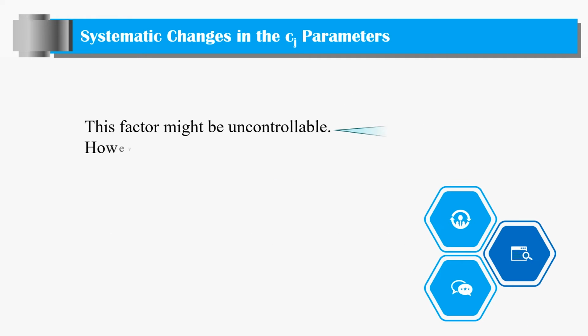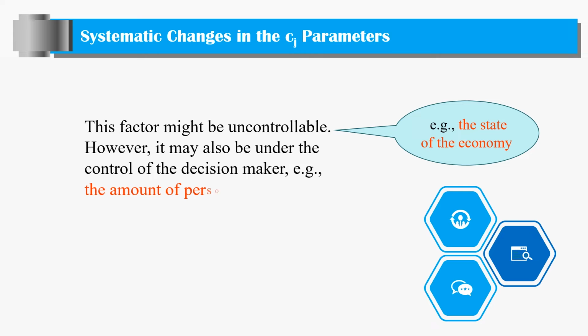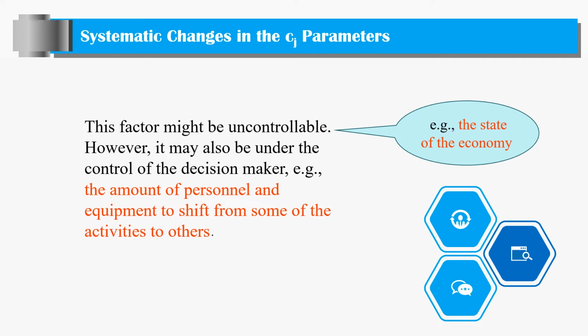This factor might be uncontrollable, for example, the state of the economy. However, it may also be under the control of the decision maker, such as the amount of personnel or equipment to shift from some of the activities to another.